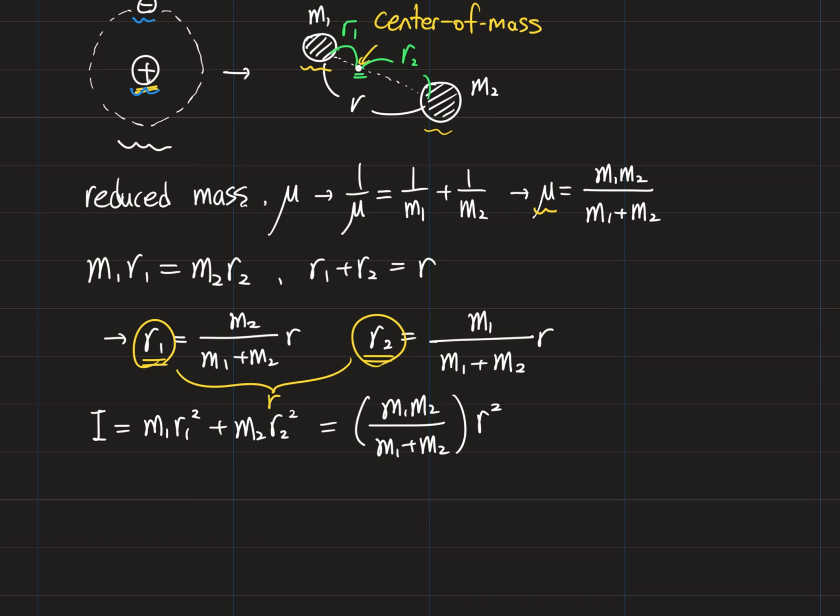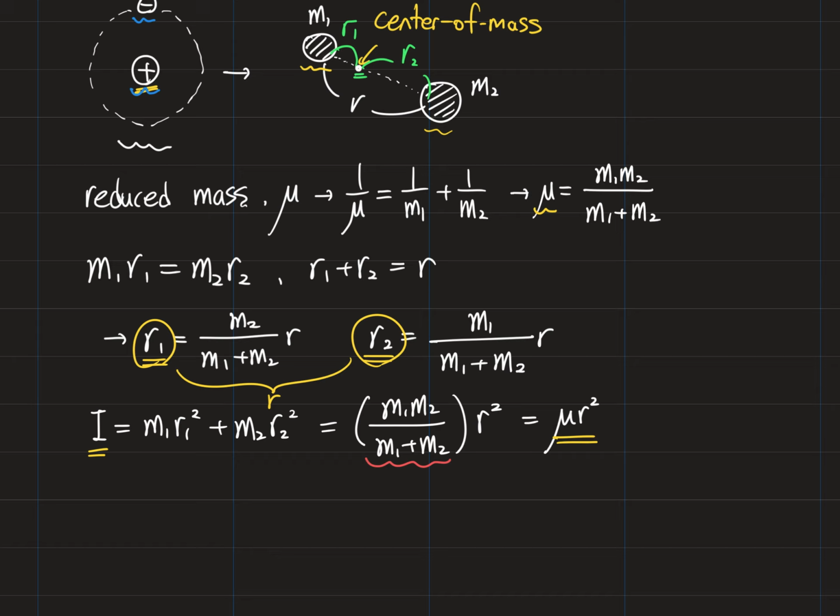If we replace this part with an imaginary particle, and denote the mass of that imaginary particle as mu, then the moment of inertia of the two-body system now looks like the moment of inertia of a one-body system.